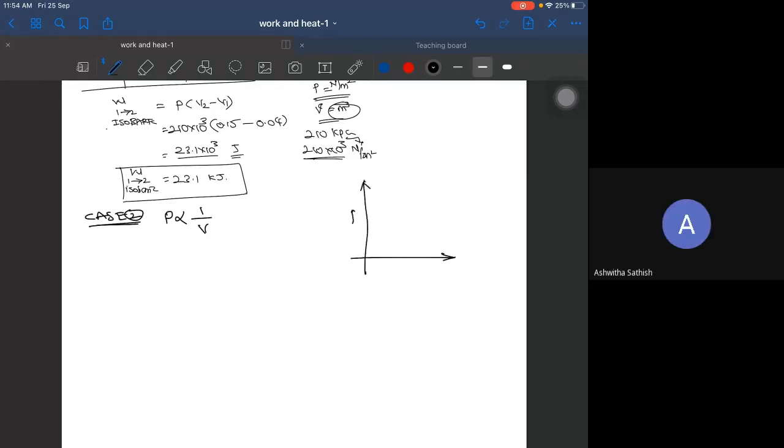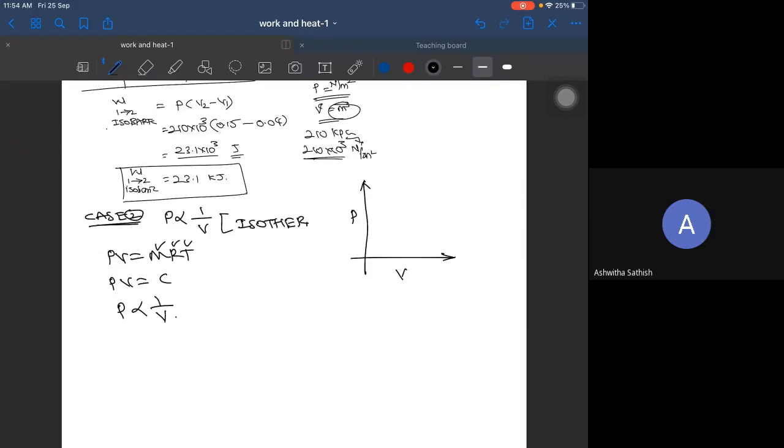Isothermal. That's great. So PV is equal to mRT, is it? When m, R, and T are all constants, PV is equal to constant. So here the pressure is inversely proportional to the volume. By this statement, I can say that the process he is describing is the isothermal process.